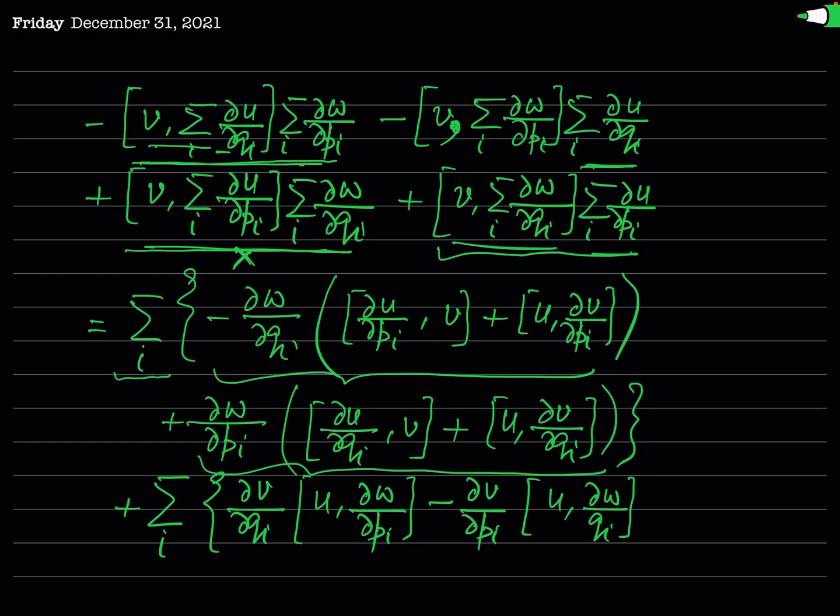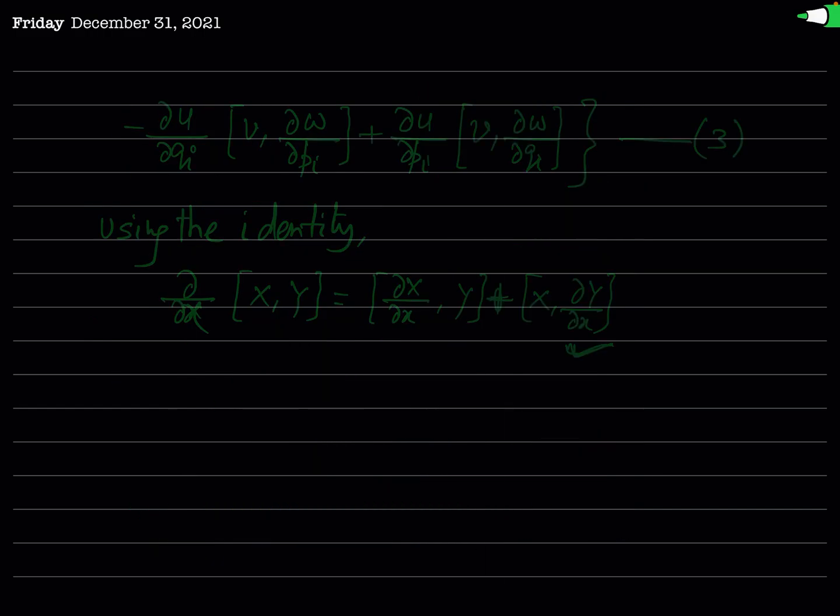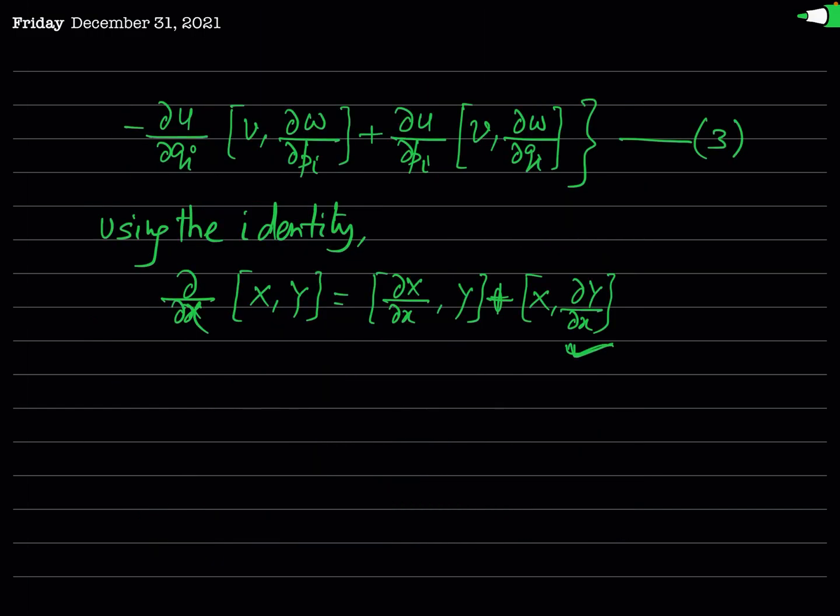Using this very property, this can be written as minus del W by del Qi times Poisson bracket of del Pi, U and V, and plus del W by del Pi times del Qi Poisson bracket of U and V. By the use of this property, you can easily see.